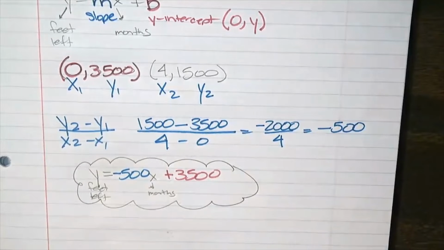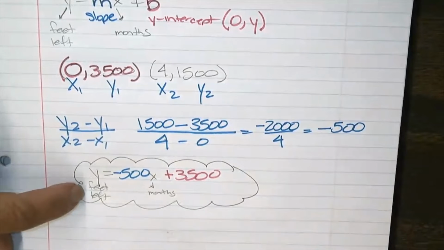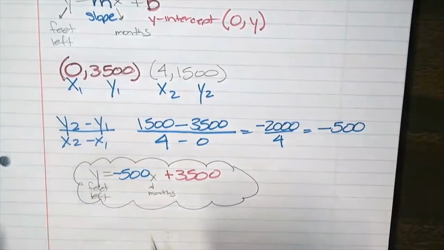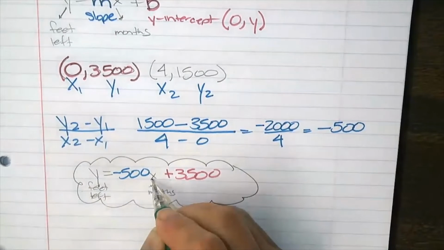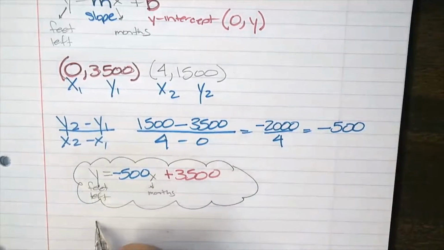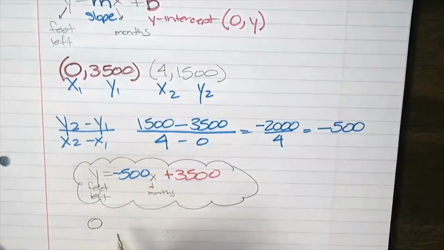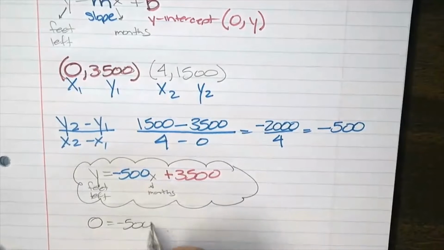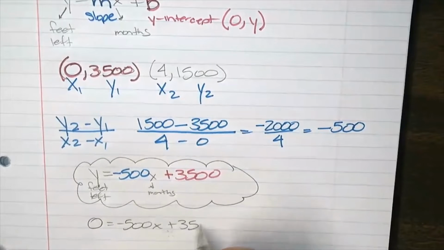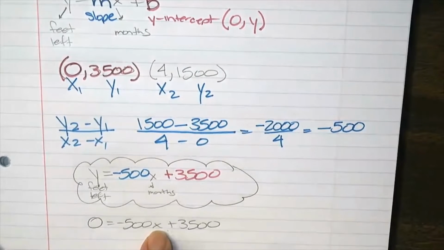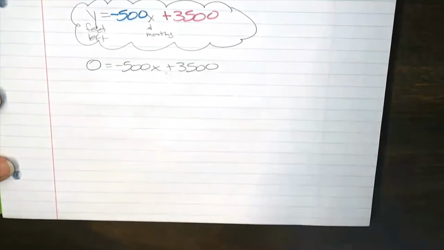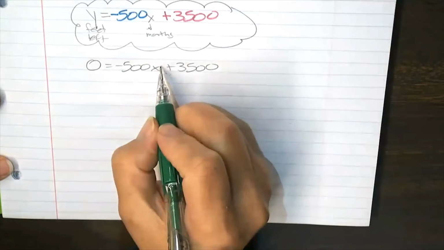When it's finished, we're going to have 0 feet left, right? So we want to know how many months is it going to take to get to 0 feet. This is the second part of that problem.